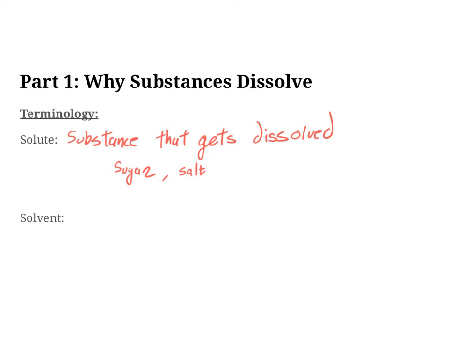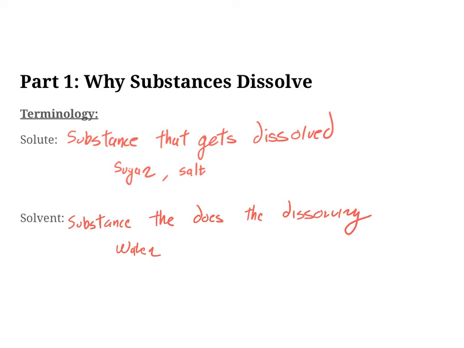And the solvent is the substance that does the dissolving. In Kool-Aid, the solvent would be water. In salt water it would also be water, but sometimes things don't dissolve in water, and we'll talk about that in the future.